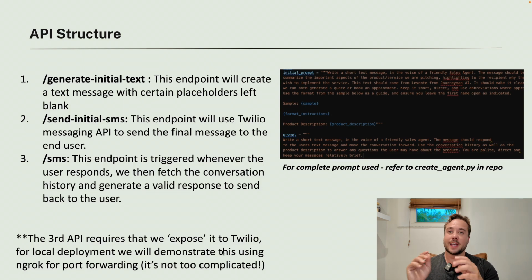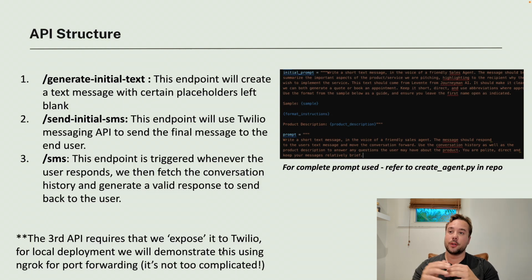And that's pretty simple. That's really just a call. I use Langchain, but you could just call OpenAI to generate that. Then send initial SMS basically takes the specific message you want to send to the phone number, and then it uses the Twilio messaging API to send that message. So that's outbound from our server to the user.